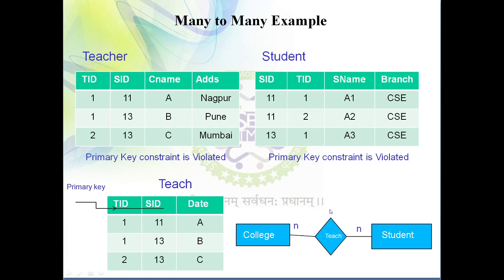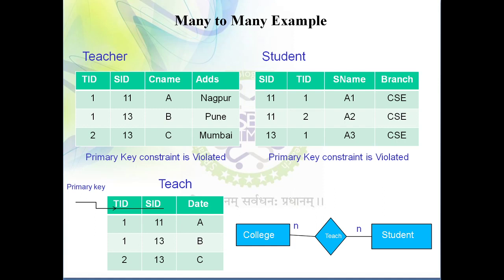Understanding this is very important, because most of the time students get confused about how to show a one to many relationship and how to show a many to many relationship. I want you to draw the ER diagram in such a way that after drawing it you can start the implementation of the database directly.